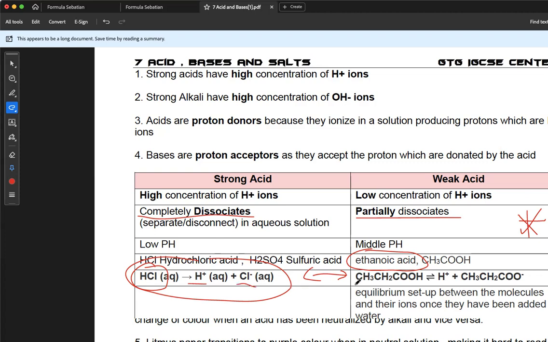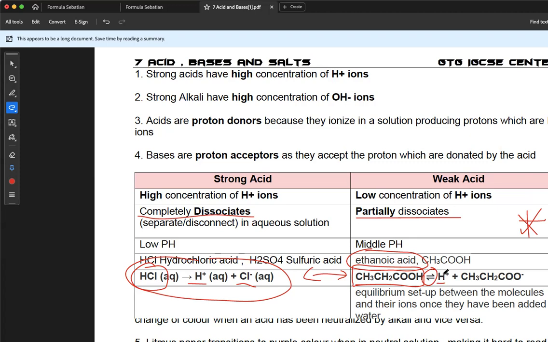Whereas for carboxylic acid, you haven't learned about this yet, but just remember that this is called a carboxylic acid, guys. For carboxylic acid, it's a reversible reaction. Meaning although I put this ethanoic acid in water, some of the H plus will be dissociated, but sometimes it could combine back with its partner.